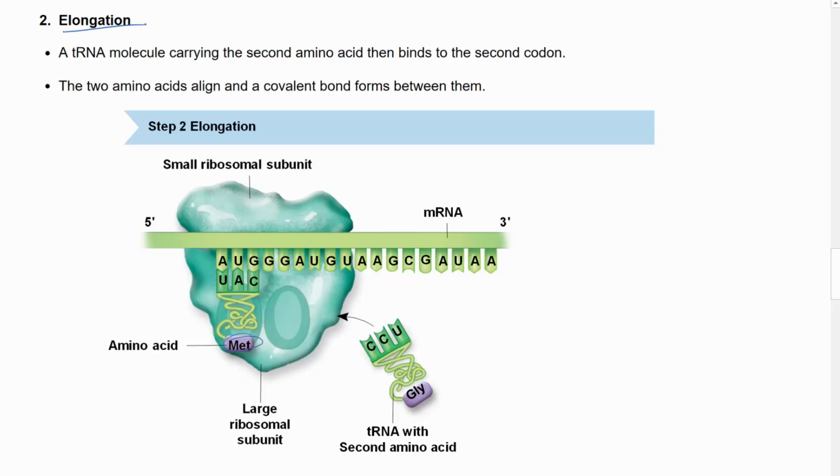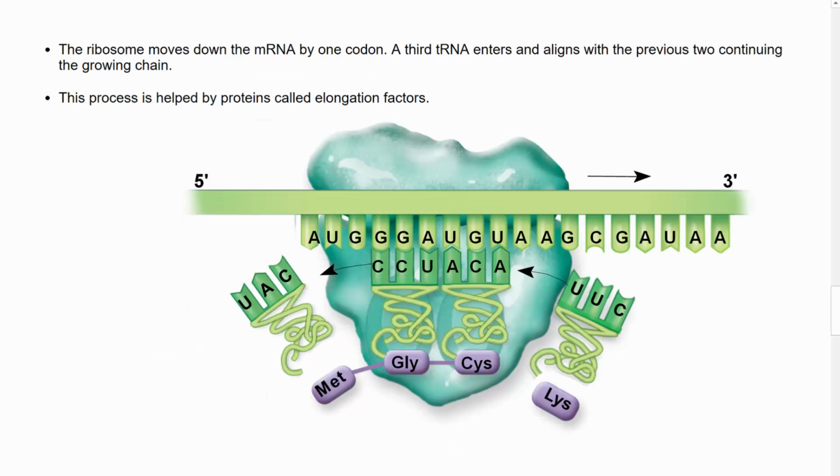The second step is called elongation, and this is when a tRNA molecule carrying the second amino acid then binds to the second codon. So this particular amino acid, which has the anticodon CCU, binds with the codon GGA. Then these 2 amino acids bind together, starting to elongate the polypeptide. Elongation continues when the ribosome moves down the mRNA by 1 codon in the 3' direction.